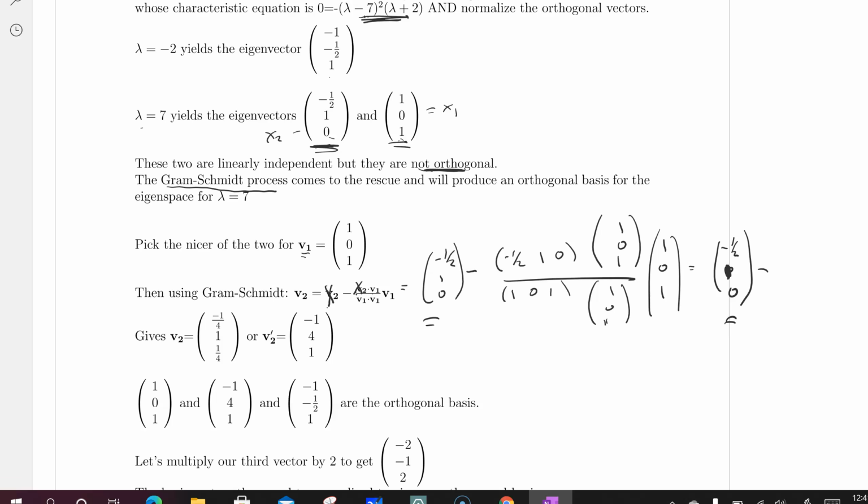Now let's do this. Here I get a -1/2 and a 0 and a 0. A -1/2 with this negative in the front turns into a 1/2. Then doing the dot product here, 1 and 0 and 1, that gives me a 2. Then 1, 0, 1. So what do I get here? I get a 1. Uh-oh, what happened?